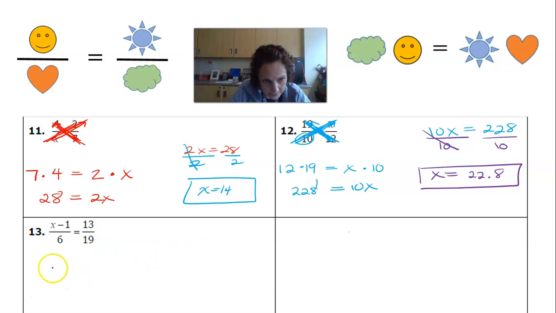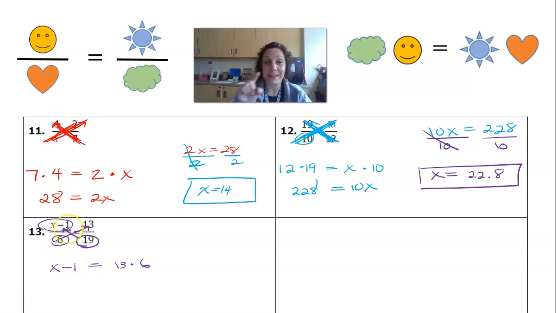and you bring, let's write it out, my x minus 1 is going to stay, my 13 is going to stay. My 6 is going to crisscross up and multiply my 13, right? This 19 is going to cross up, and it's going to multiply by x minus 1. But here's the trick. It's multiplying by the entire x minus 1.